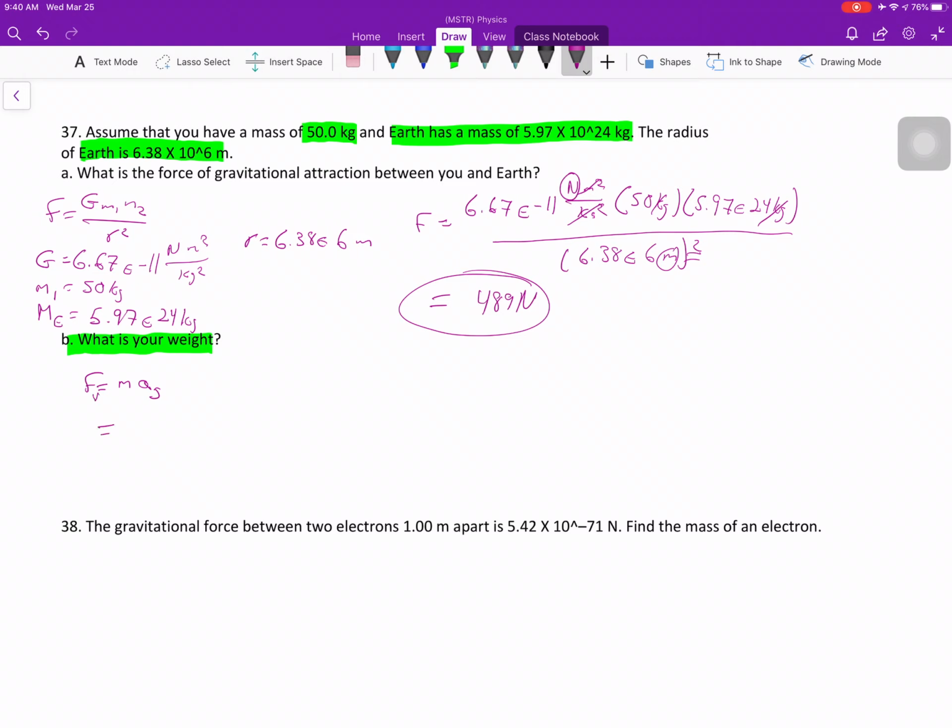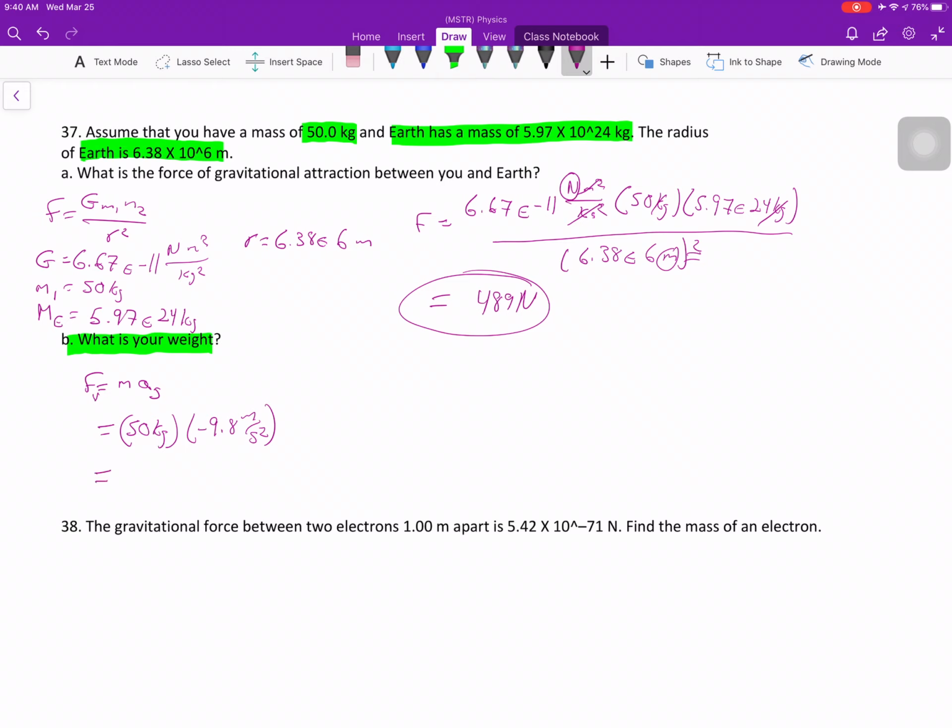So if we're doing that, we take our mass, which is 50 kilograms. And since we are on Earth, we're going to use negative 9.8 meters per second squared. If you don't use the negative, it is understood that weight is in the negative direction.